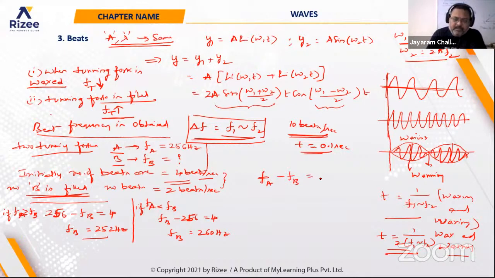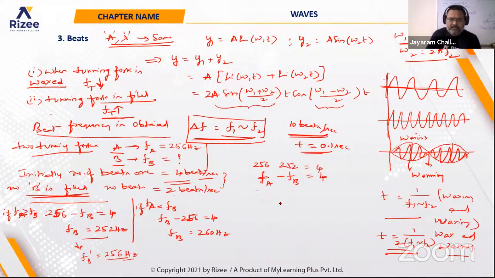How, sir? FA is going to be 256. The number of beats decreasing is going to be 2. That means as B has been filed, the beat frequency has to increase. That means the new value FB dash should be increased by 2. So if I place 252, then obviously it will be equal to 4, that we have verified.